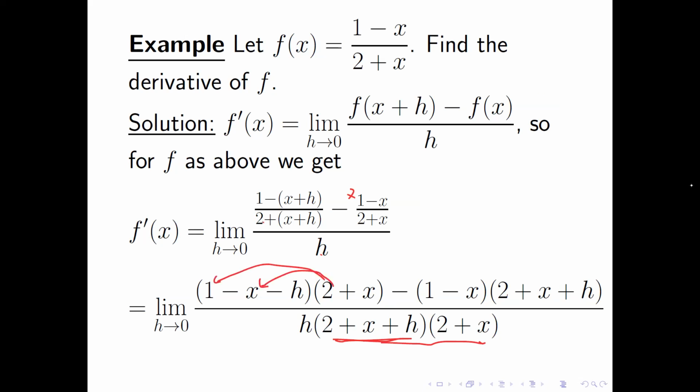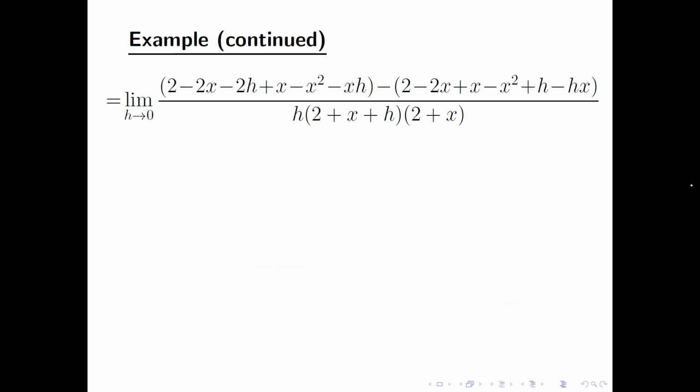Again, we are going to multiply 2 with minus x. And again, we are going to multiply minus h with x, and do the same thing until we simplify our expression. So when you simplify your expression, you are going to get 2 minus 2x minus 2h plus x minus x squared minus x multiplied by h.